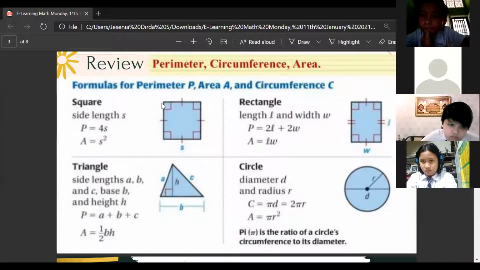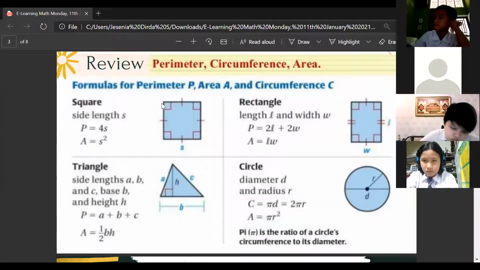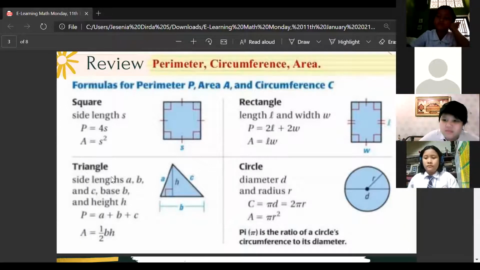So for example, if the side is 5 centimeters, to find the area of the square, we just multiply 5 times 5 and then we get 25 centimeters square. Okay, and also like that for triangle, rectangle, and the circle.